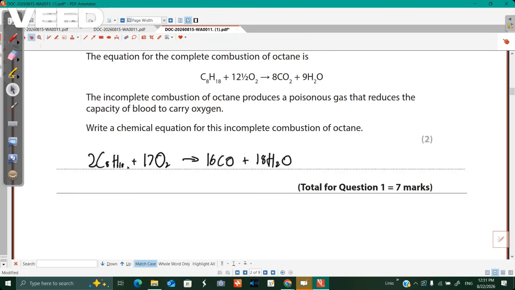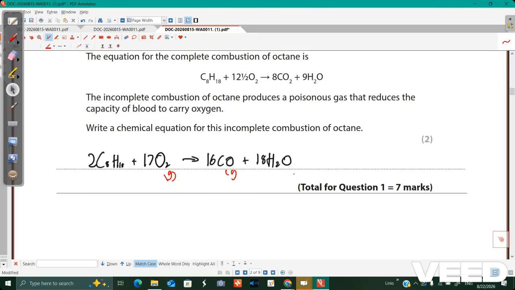In some marking schemes they expect you to have the states, and if you do not make it a habit, when you move on to A levels, you are in trouble. Always make sure to balance the equation with the states. In 10, 11 months, you are in A levels, so always start this habit.